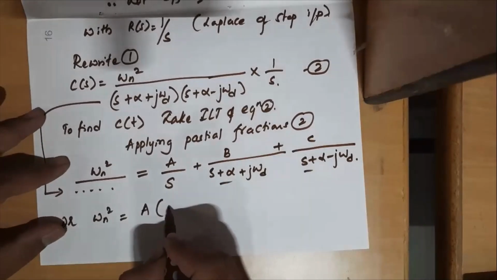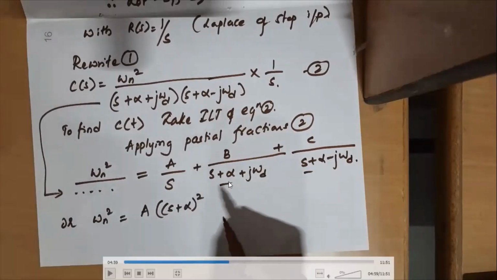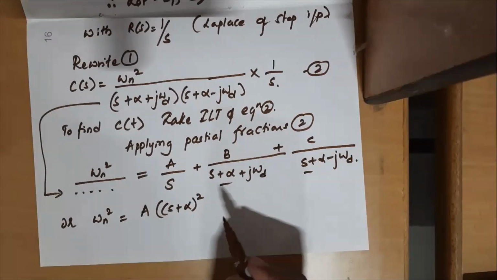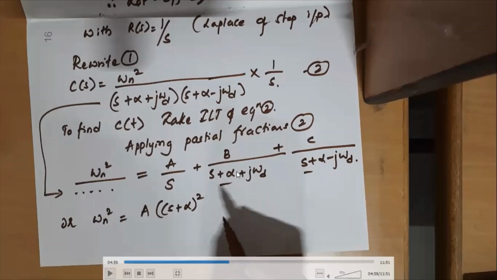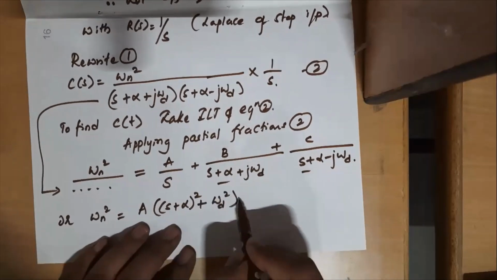So now I'll take the common factors. So this one is s plus alpha whole square, and this omega d is with negative sign, so it is as good as a square minus b square, or a plus b into a minus b form. So I'll replace that with a square minus b square. So j square will vanish the negative sign.